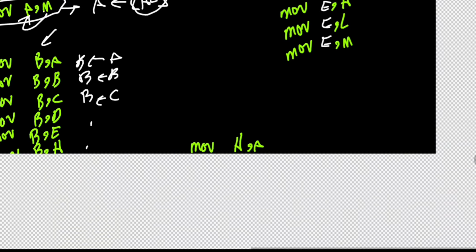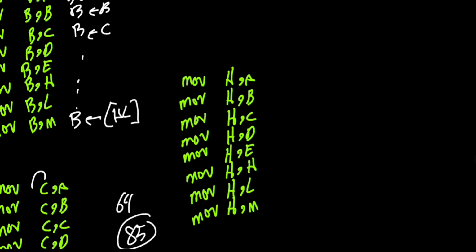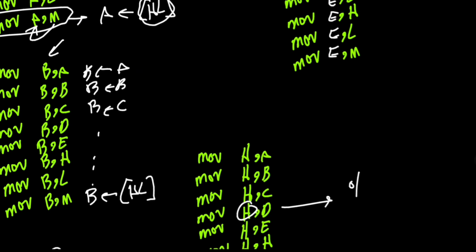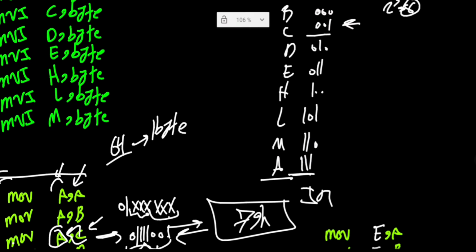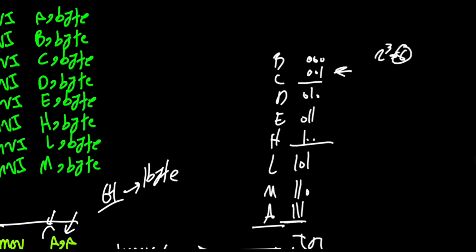Let's just make another example. Let's say we want to move the values inside the D register to the H register. So again, we just look up the table. We say 0, 1 would be the first 2 bits. Then we look at the table. H is the destination, which is 100, and D was the source, which is 010.